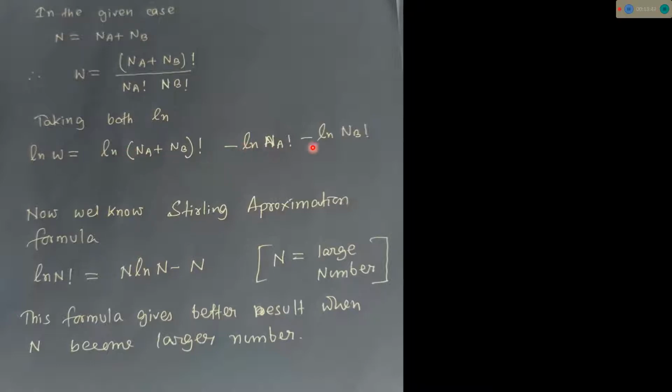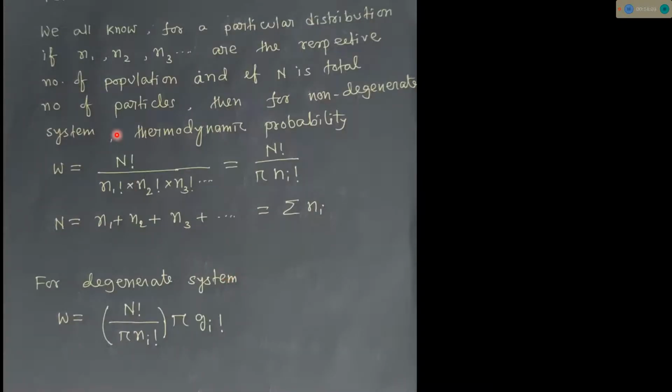We can use it where the n value is very high, a large number, then this approximation gives a better result. So we saw the equation of thermodynamic probability for a degenerate system and for a non-degenerate system.